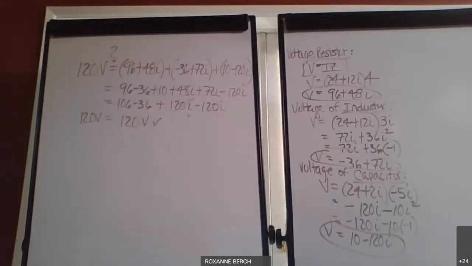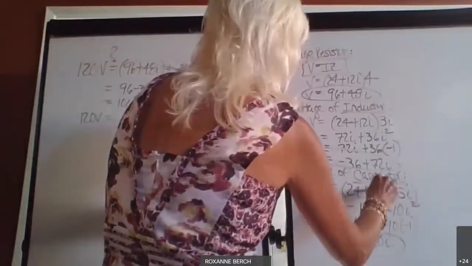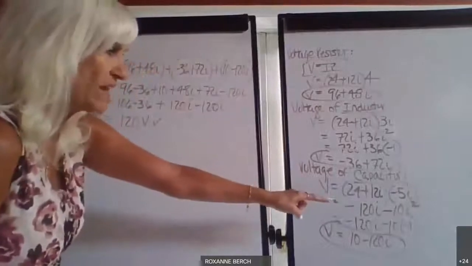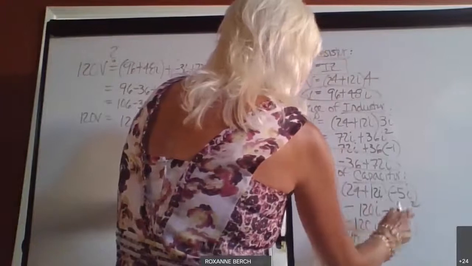So let's see what's going on here. How could I get that right answer? Isn't that weird? All right, let's see what I did. It should be 24 plus 12i. So the negative 120 is okay, but shouldn't this be negative 60i squared?